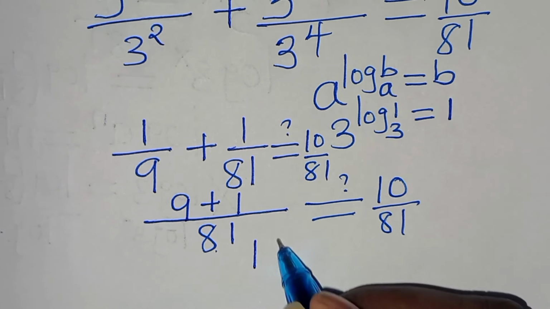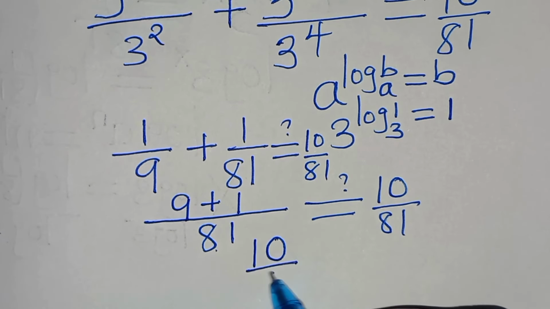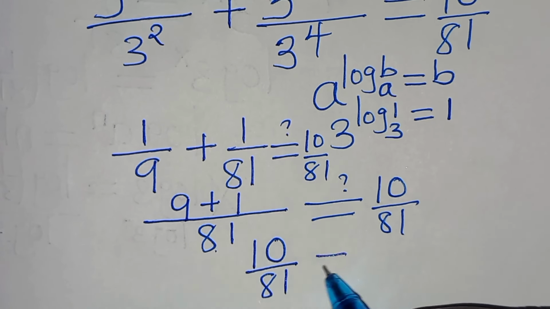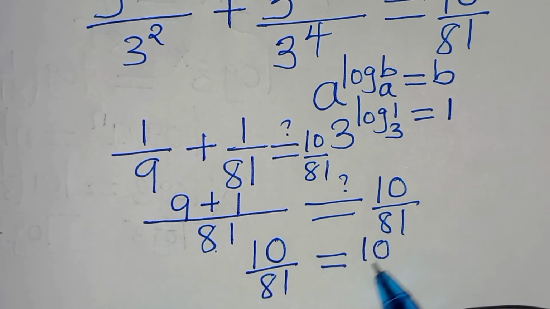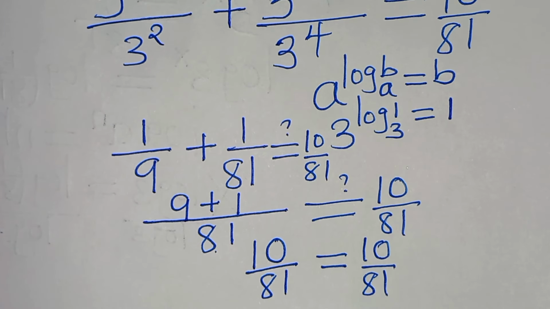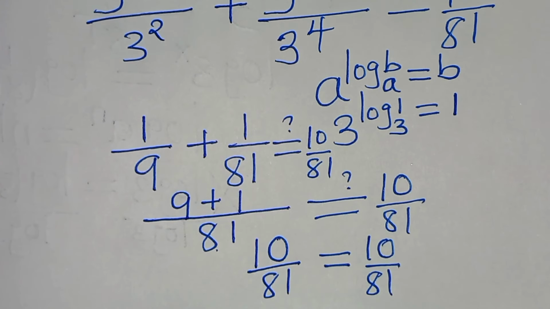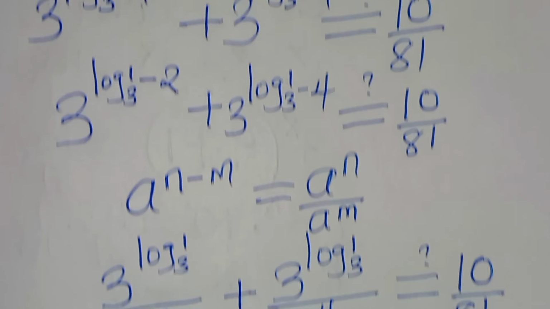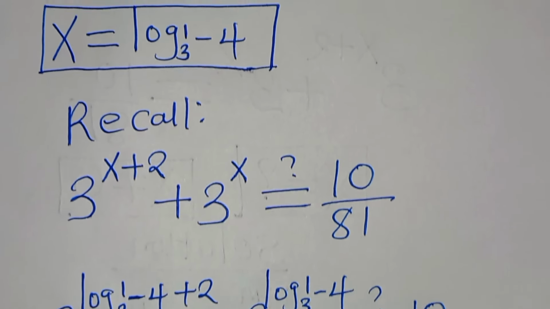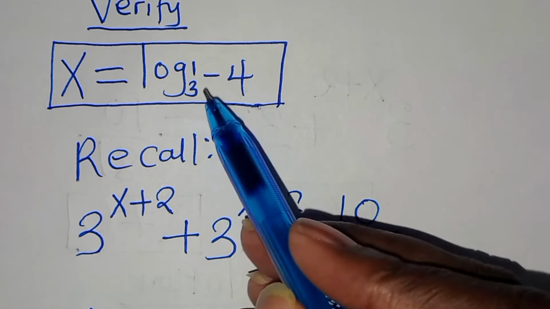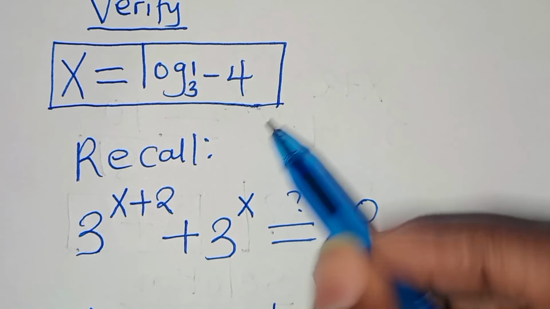This is equal to 10 divided by 81. This is equal to 10 over 81. So this implies that the left-hand side is equal to the right-hand side. And this implies that the value of x here, which is equal to log 1 to base 3 minus 4, satisfies the equation.